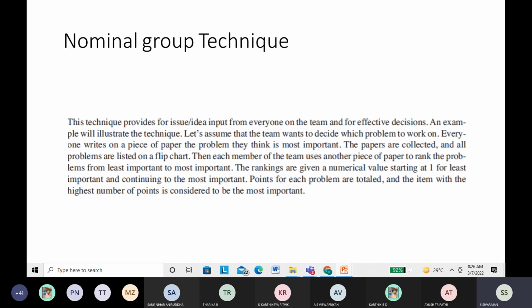You give them a piece of paper and ask them to write 10 points. What are going to be important to improve the sales of our toothpaste? Because we have only 50% of the market, and the remaining 50% the other players have.